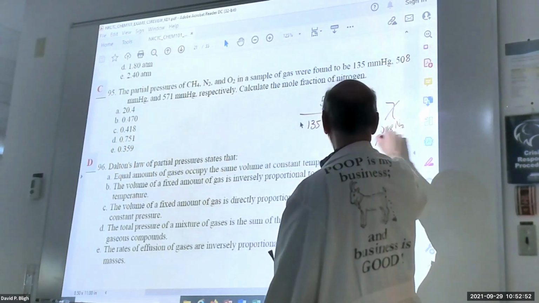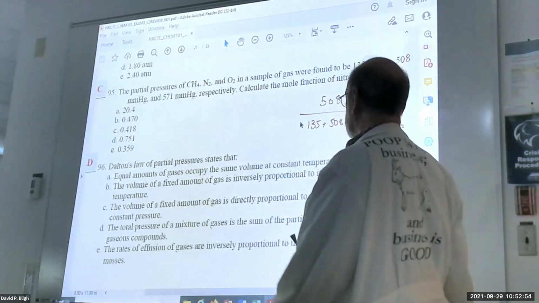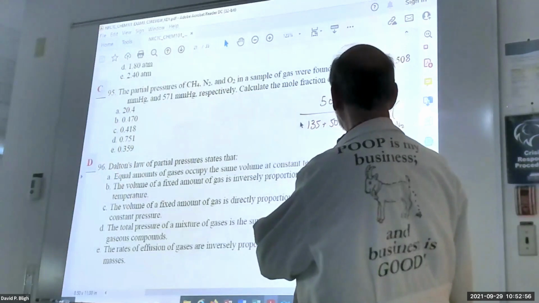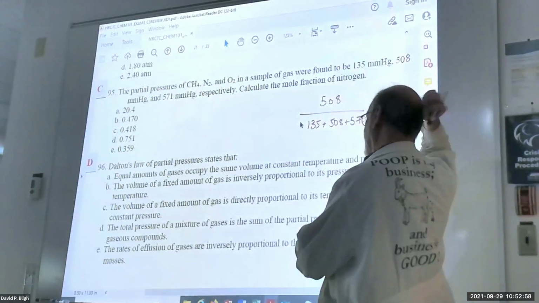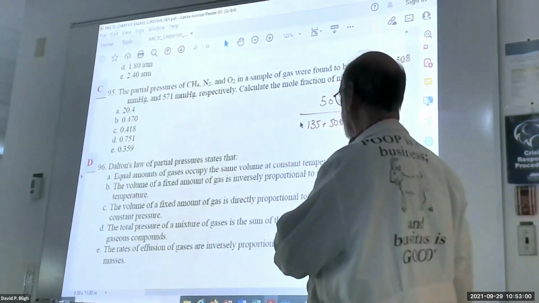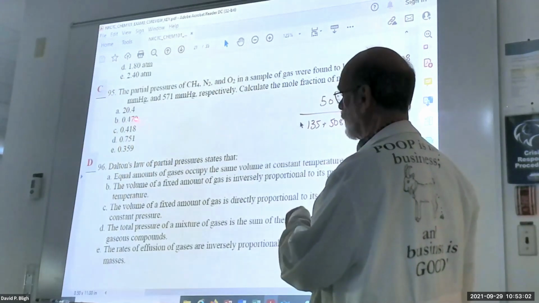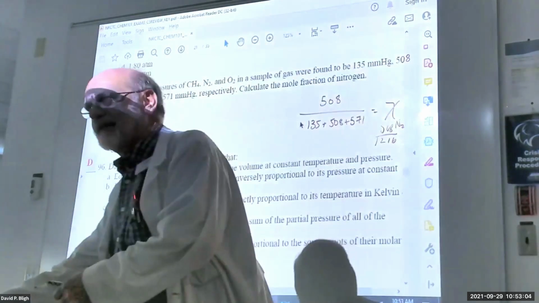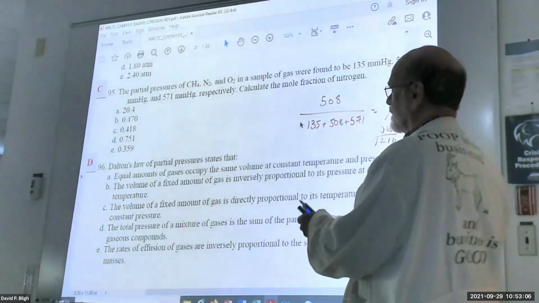508. So that should be over 2. Correct? Oh, no, it's a fraction. 0.5. The neighborhood of 0.5. Okay, we're going to have to calculate that. I can't estimate and choose.